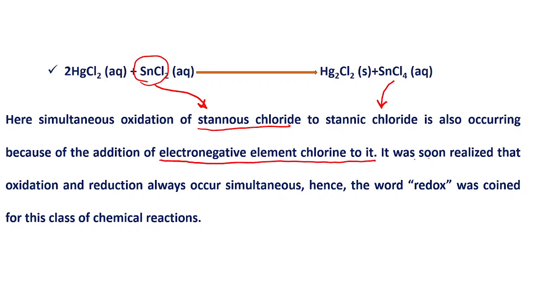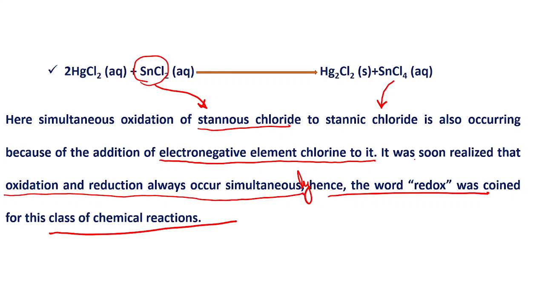It was soon realized that oxidation and reduction always occur simultaneously. Hence the word redox was coined for this class of chemical reaction. It means there is no such reaction where only oxidation or only reduction can occur. These two are always complementary to each other, and they always occur simultaneously in the same reaction.